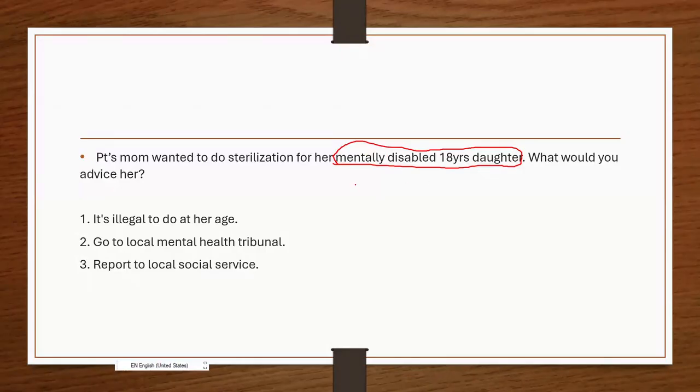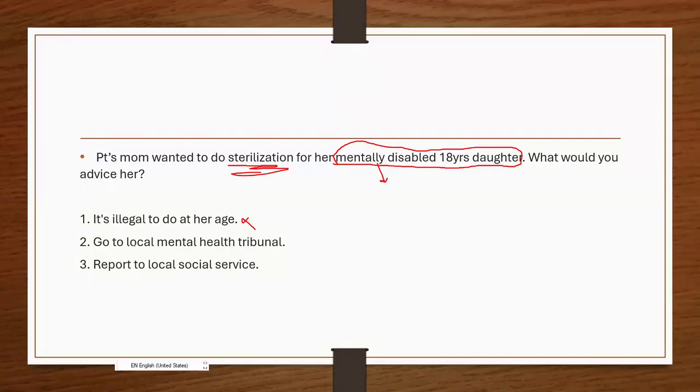So the mother wants the doctor to arrange a sterilization. So what are you going to do? The daughter is mentally disabled, so she can't give consent. Now the mother is asking to sterilize her. The daughter is 18 years. Now the answers: it's illegal to do at her age. That's wrong. There's no age for sterilization as such. If the person is giving consent, you can go with that.